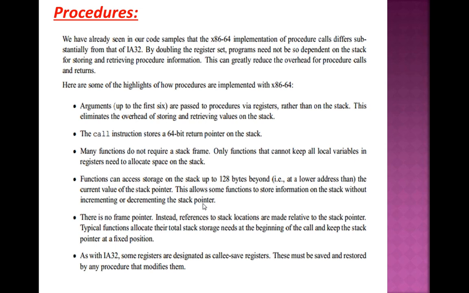By doubling, meaning doubling the instruction size from 32 to 64 bits, the program need not be so dependent on the stack for storing and retrieving procedure information. This can greatly reduce the overhead for procedure calls and returns. Here are some highlights of how procedures are implemented with x86-64.